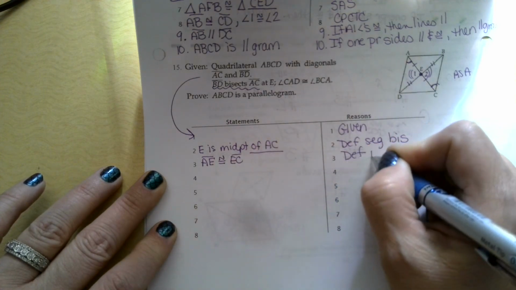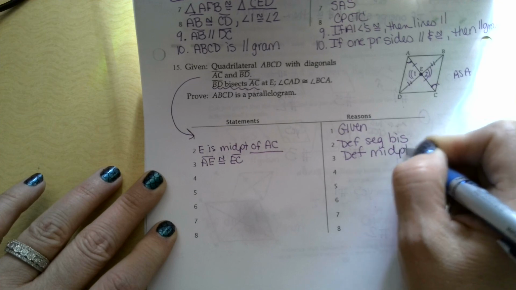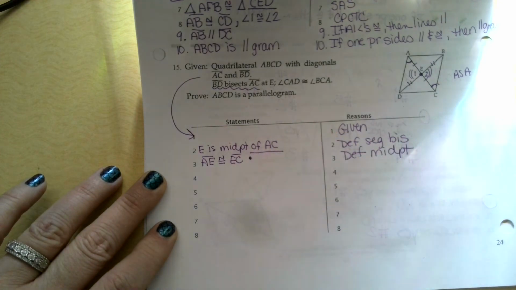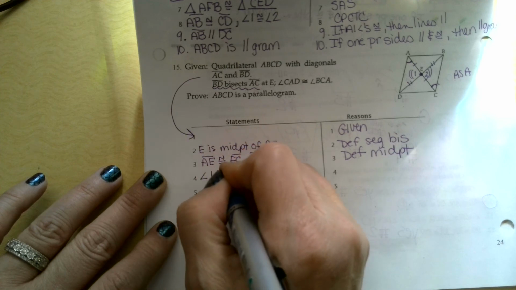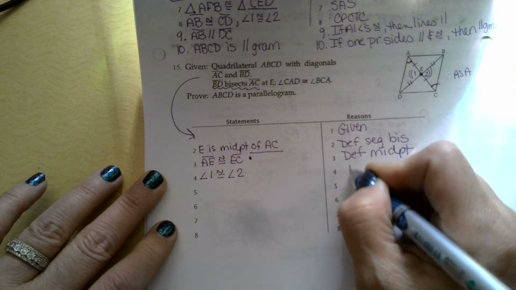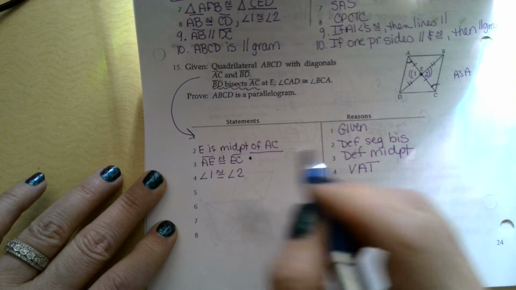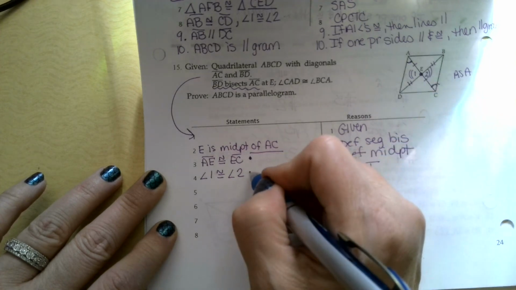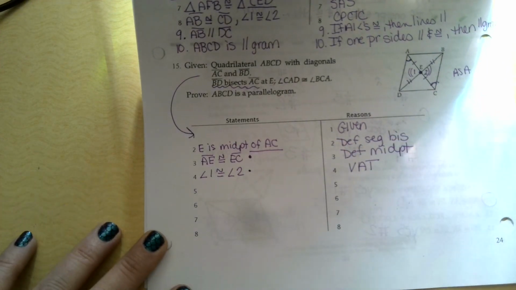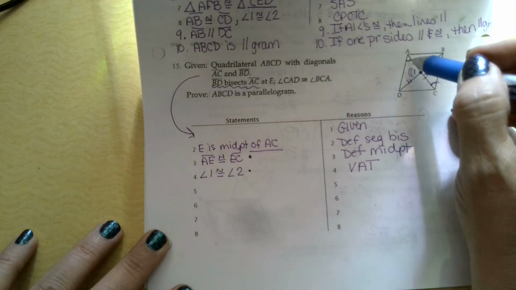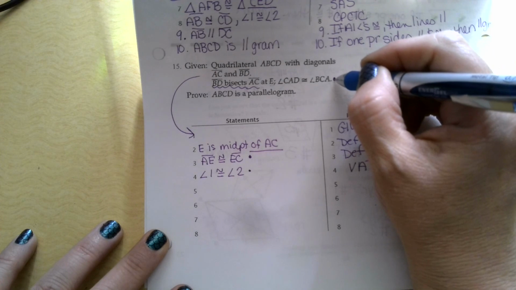Definition of midpoint. That's one of our pieces of our angle, side, angle. The vertical angles. Okay, so we got that. And then we were given that these angles are equal, so that was right here.